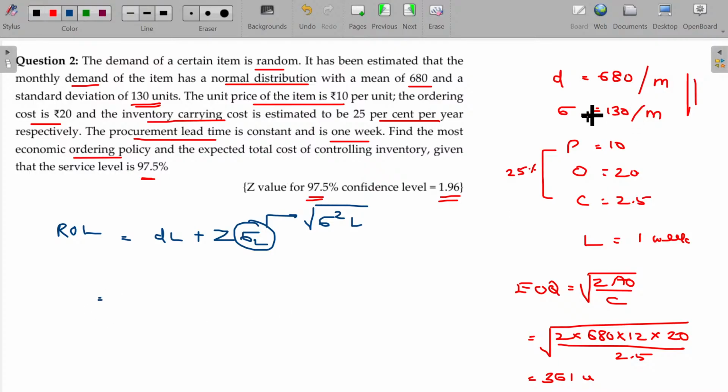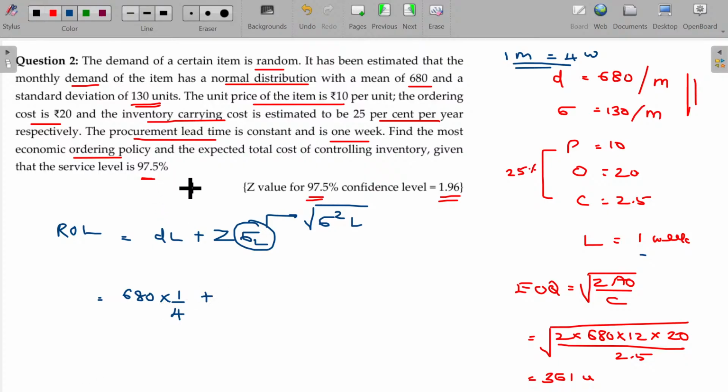And demand being 680 and lead time being 1 week. We assume 1 month consists of 4 weeks, like 1 month is equal to 4 weeks. Then into 1/4 month. 1 week is equal to 1/4 month.